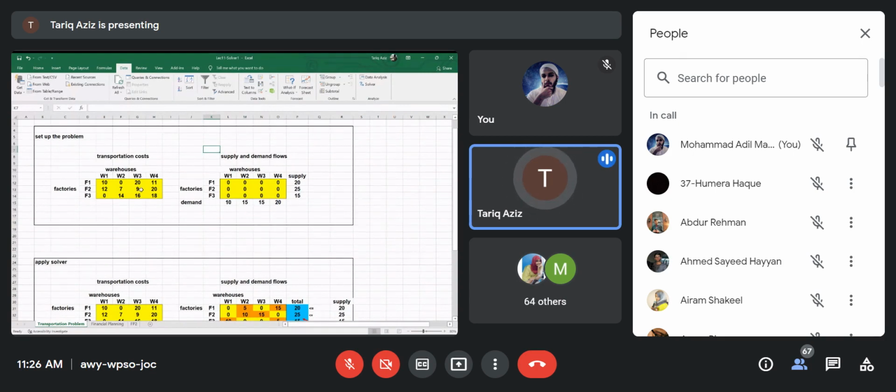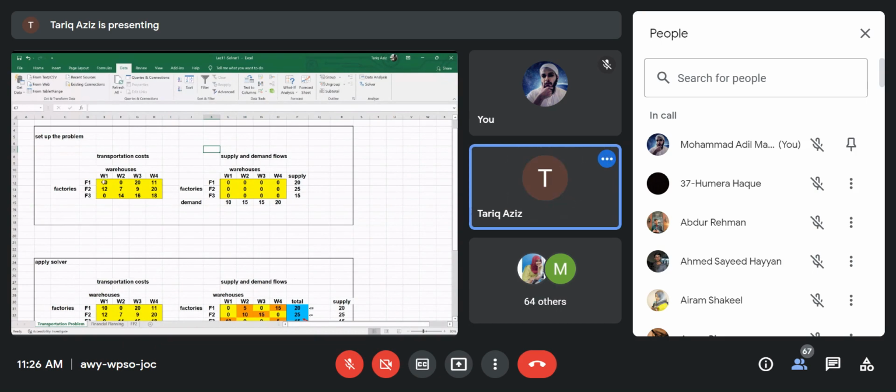Say for example, there are 3 factories, F1, F2, and F3, and there are 4 warehouses. If it is slightly difficult to understand why warehouses, then you can think in terms of retail outlets also. 3 factories, 4 retail outlets, the places from where you can sell.